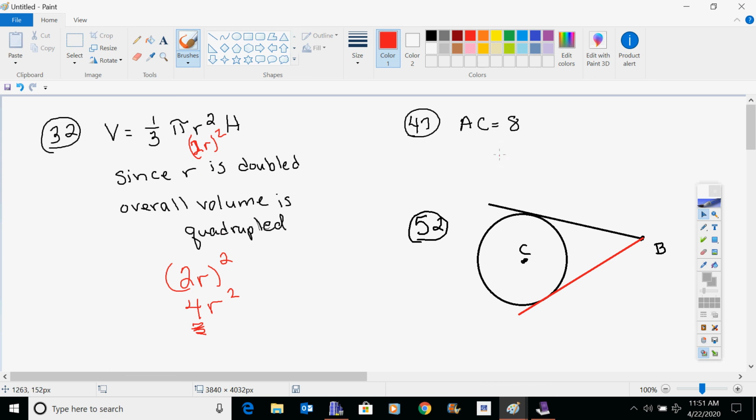Now this one involves a picture in your book, so hopefully you've taken a look at this. It was a tricky question because you haven't seen it for a while, but AC has to be 8 in this one because AG is 8. If you're looking on your page 434 of your assignment. Those two are equal.